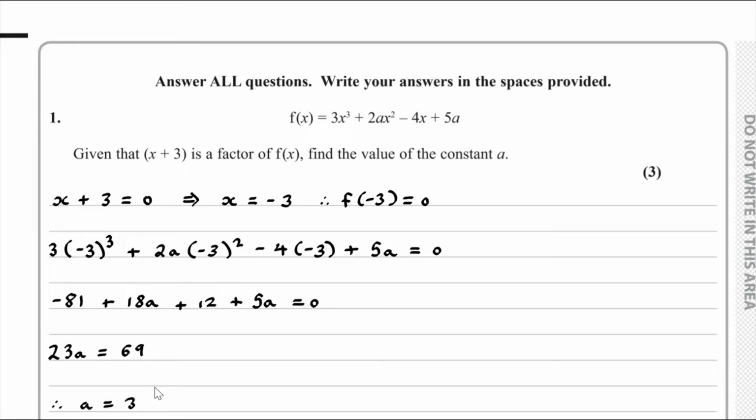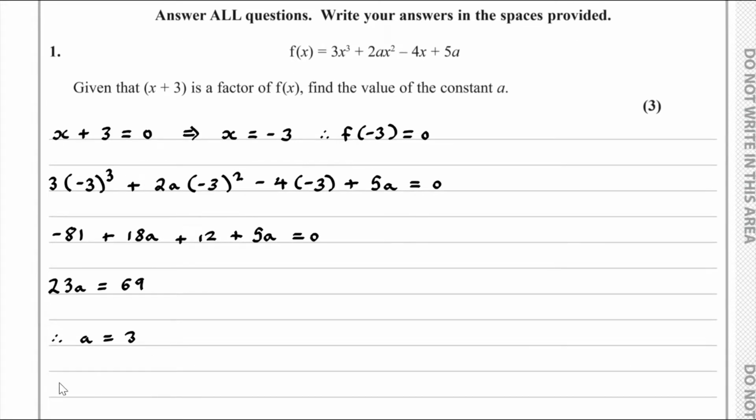And therefore, knowing that a is equal to 3, we can say in conclusion, f of x is equal to 3x cubed. Now we have 2ax squared, so 2 times a, that would be 6. So we have 6x squared minus 4x plus 5a, so we have 5 times 3, which is 15.